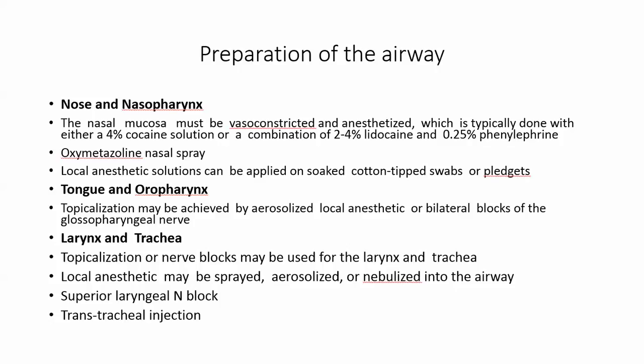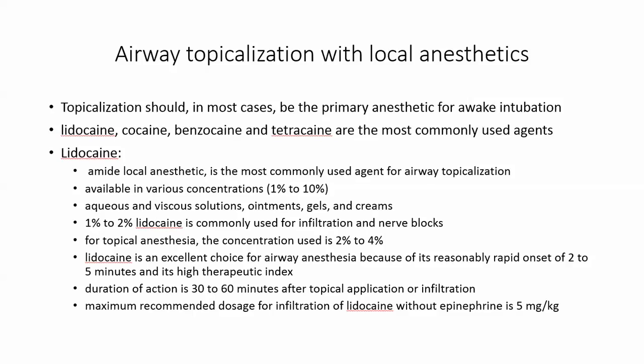Alternatively, superior laryngeal nerve block or transtracheal injection can be performed to provide anesthesia to the airway. In most cases, topicalization of the airway should be the primary anesthetic for awake intubation for a difficult airway. Commonly used agents include lidocaine, cocaine, benzocaine, and tetracaine.